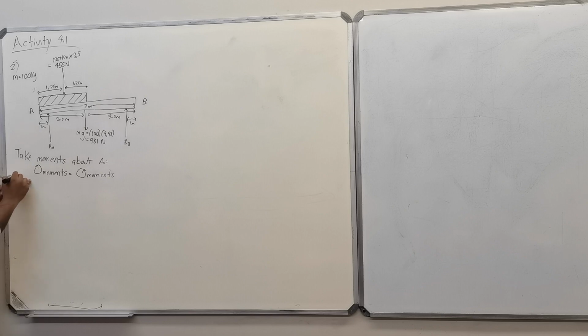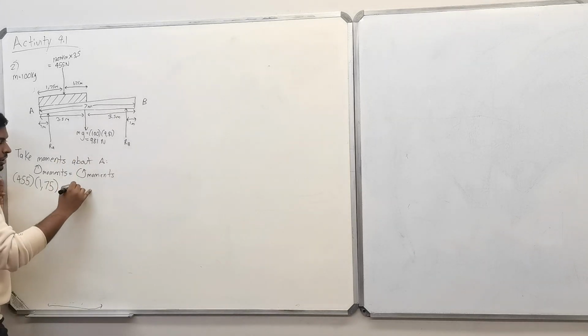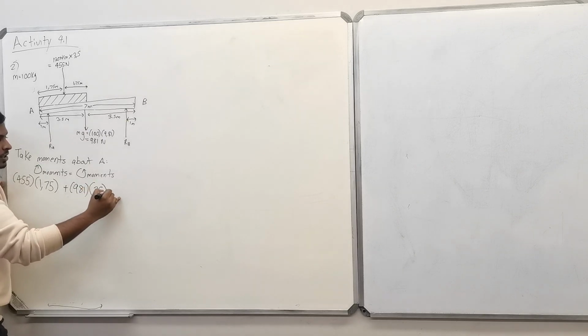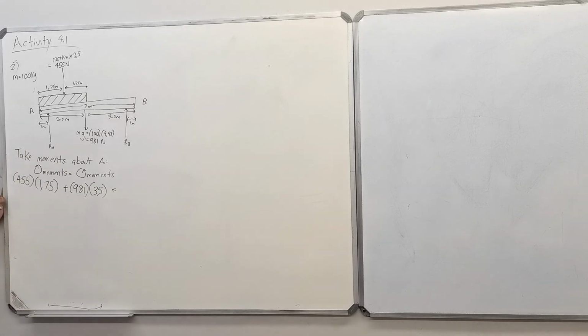So, this will be 455, and how far away is that from A? 1.75, plus the other force that acts on it, the gravitational force. So that will be 981, and how far away is that from A? 3.5 meters, equal to. Now if downwards forces cause a clockwise motion, upwards forces will cause an anti-clockwise motion.